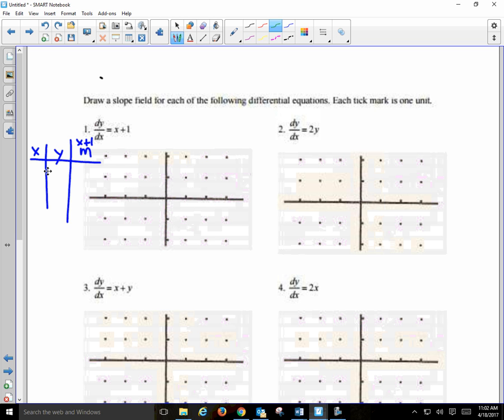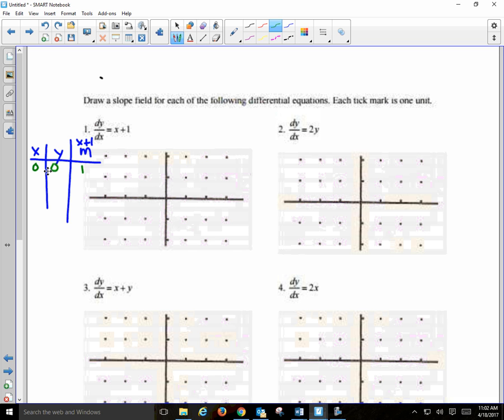So I'm going to pick a point. Sean, give me a point. A point. Great. So 0, 0. All right. So that's my coordinate. Now I will use the point 0, 0 to determine the slope. Well, it says the slope is equal to x plus 1. So it's 1. Give me another point.